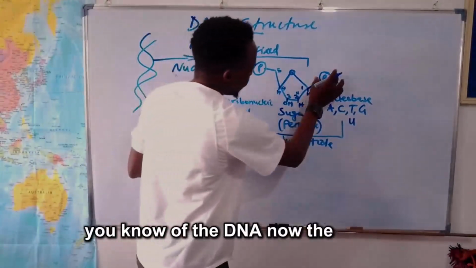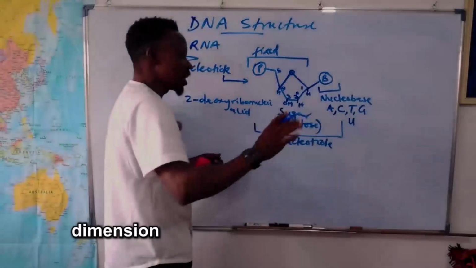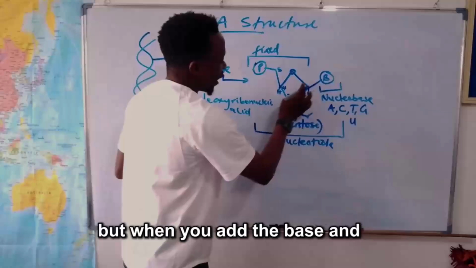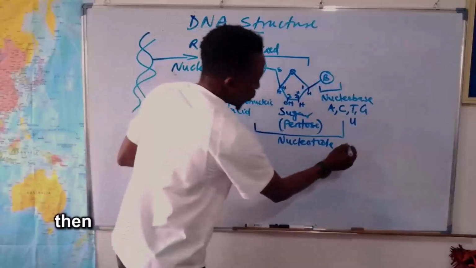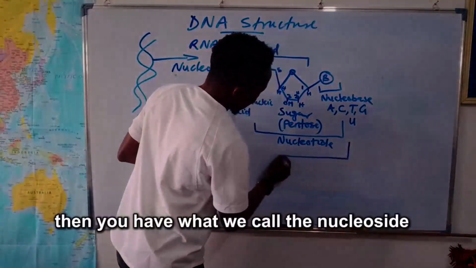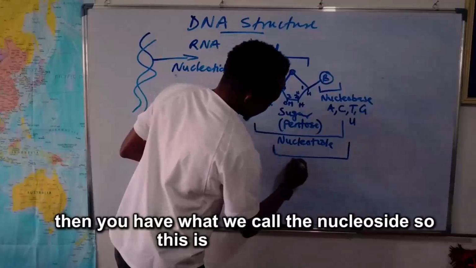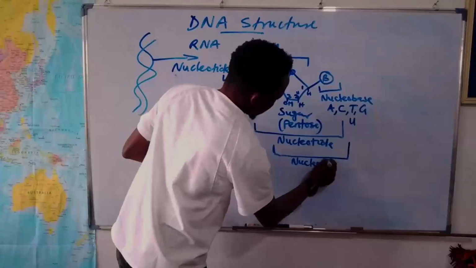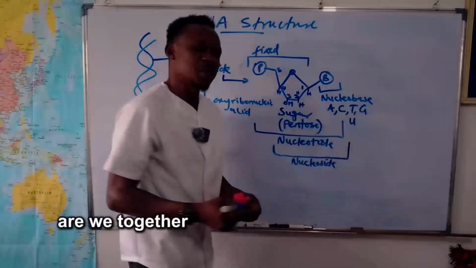Now, the base alone is called the nucleobase. But when you add the base and the sugar, then you have what we call the nucleoside. So this is nucleoside. Are we together?